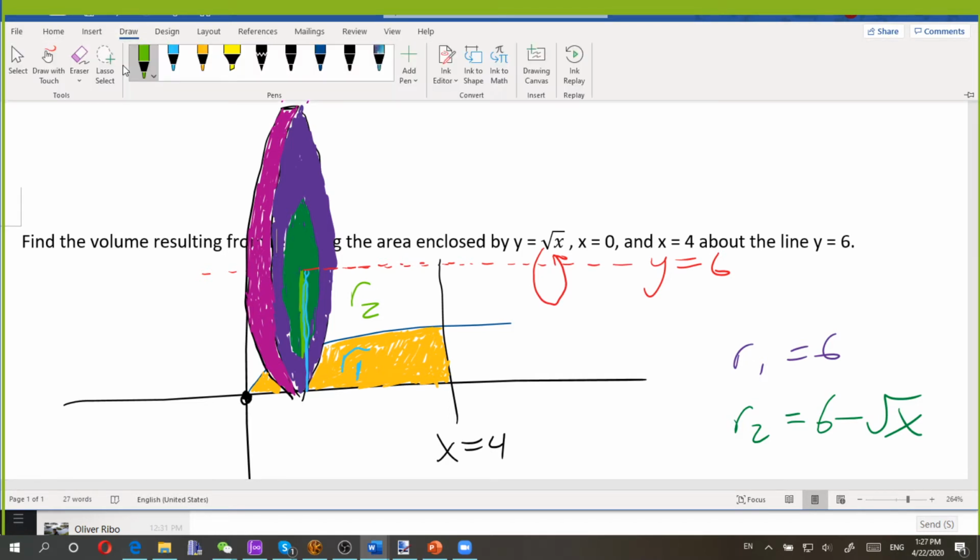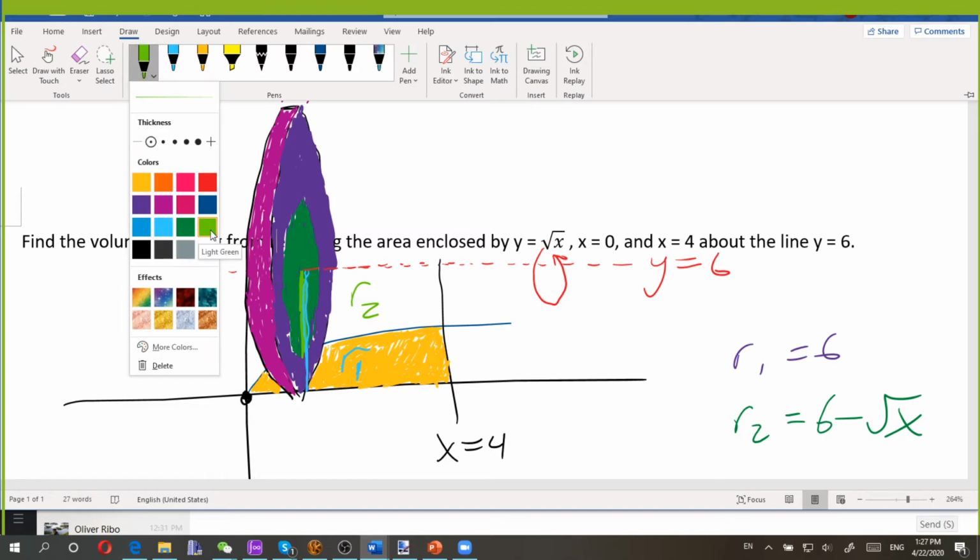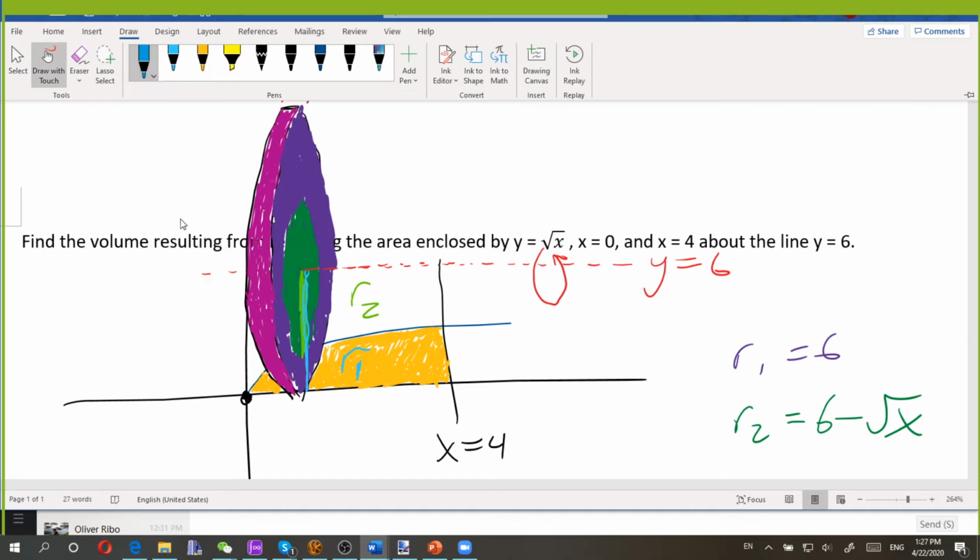Okay, so we're always going to have these disks. You're always going to have at least one radius. If you're creating a hollow shape, then you'll have two.